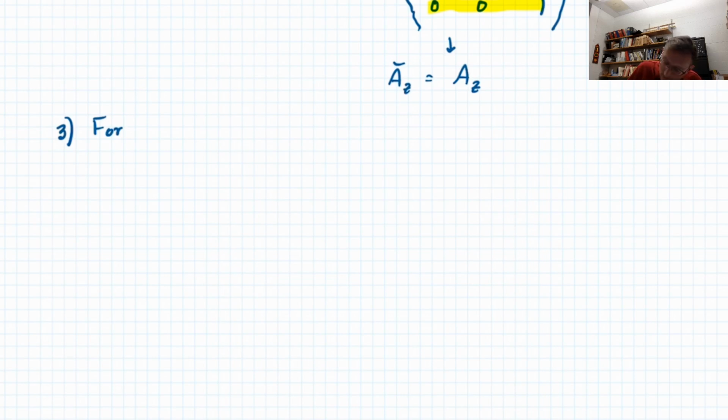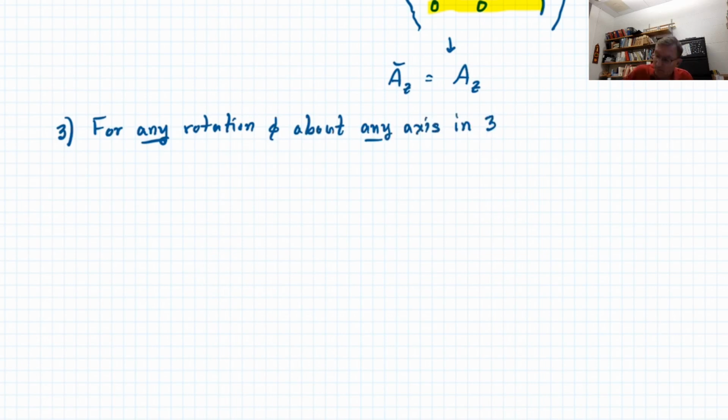All right, so for any rotation phi about any axis in three dimensions, here's how I'm going to express the relationship connecting the rotated components, or the components of the vector relative to the rotated axes, to the components of the vector relative to the original axes.